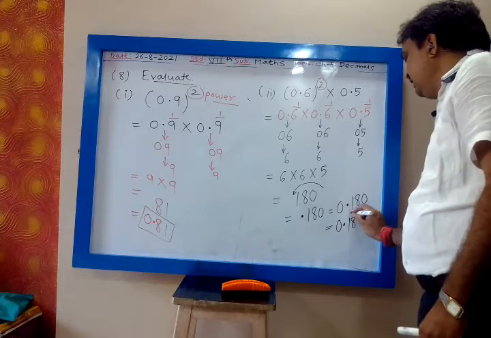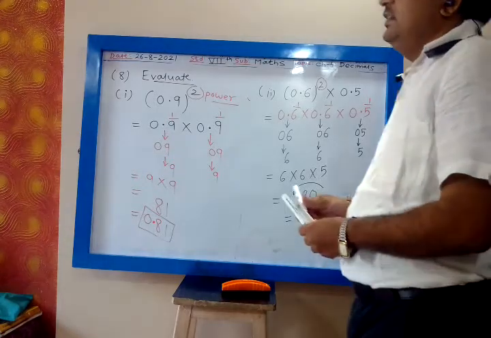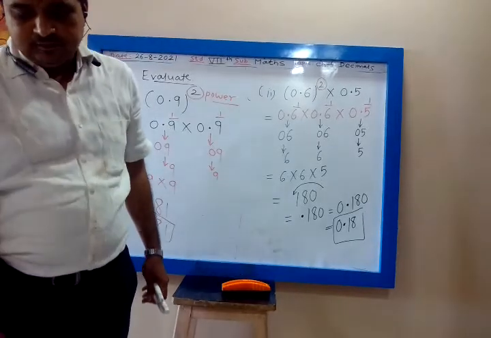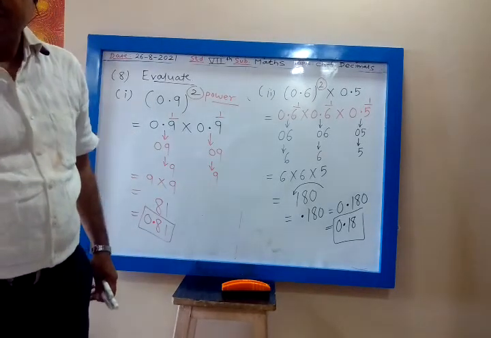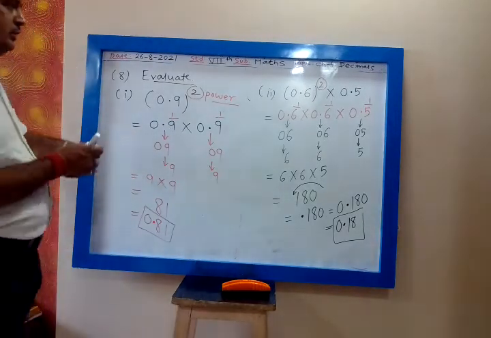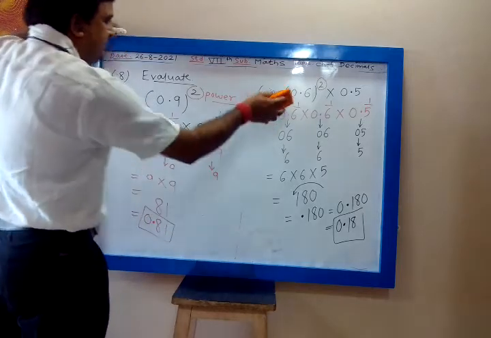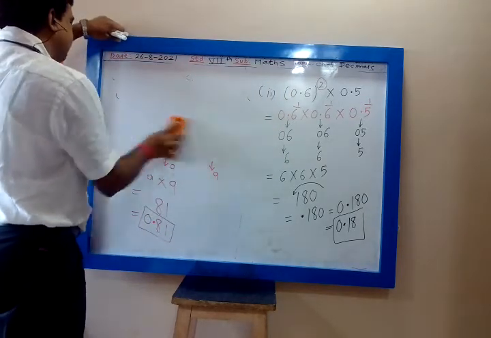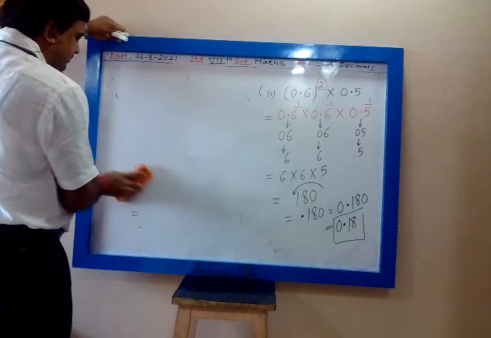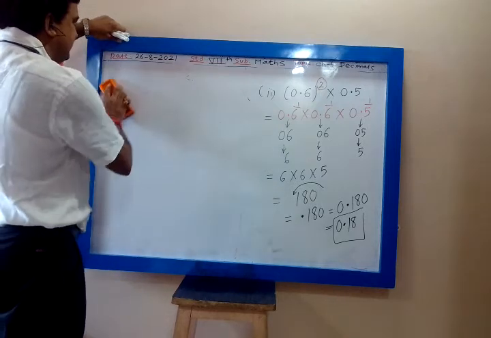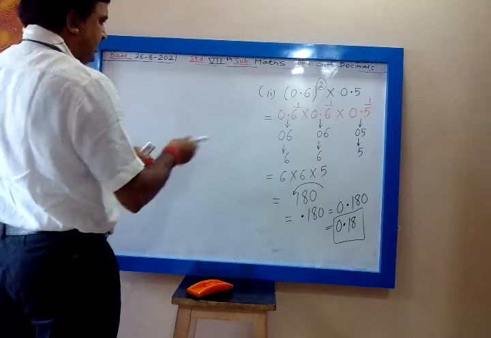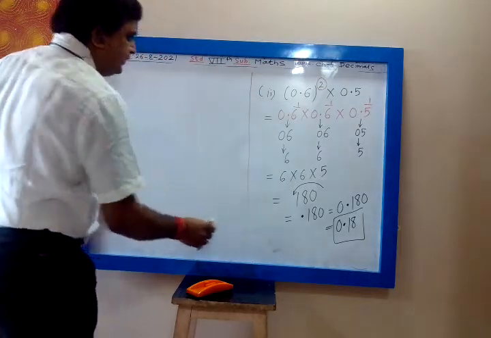Okay? The answer is 0.18. Yes, all of you agree? So whatever the power is, that number of times we multiply the number. If the power is 3, multiply the given number 3 times. Okay?